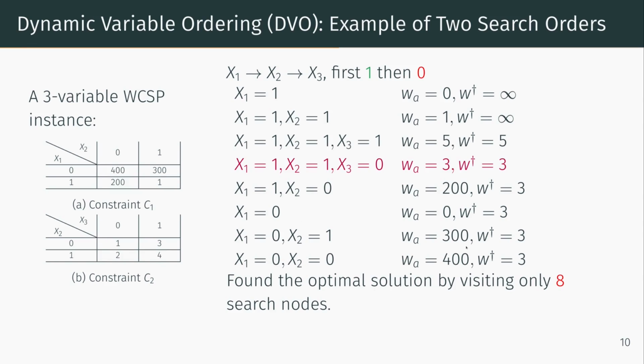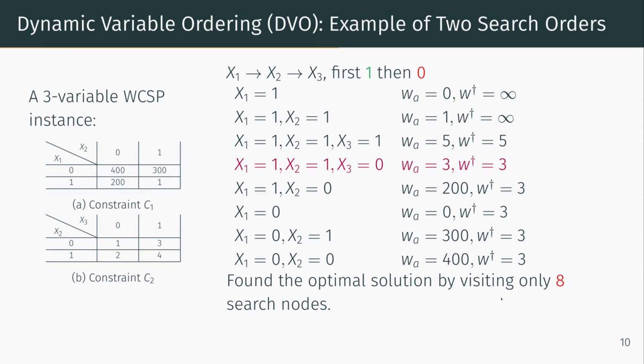Here WA is 300 and it's way larger than 3. So again, we don't have to try any assignment of x3. Then we go to the next step, x1 equals 0, x2 equals 0, and WA is still larger than 3. So we don't have to try any assignment of x3. So in this search order, we found the optimal solution by visiting only 8 search nodes. This saves a lot of search nodes compared to the previous ordering.